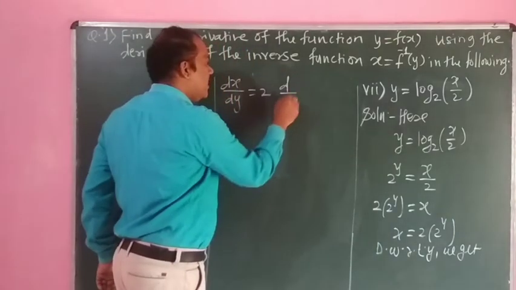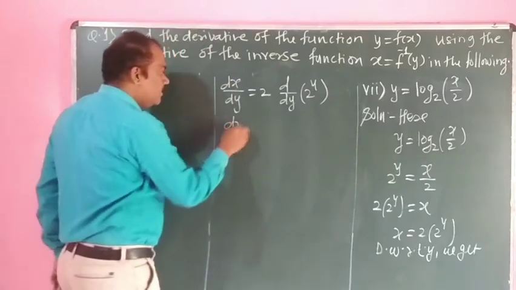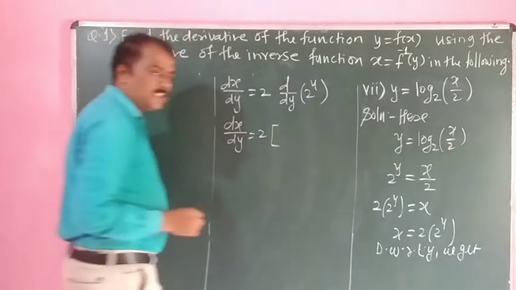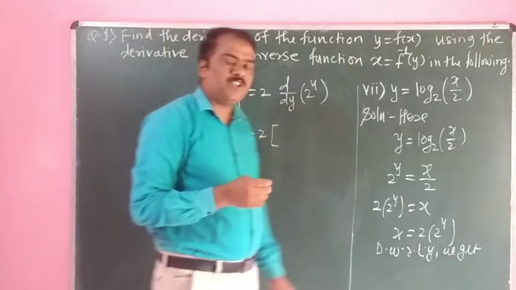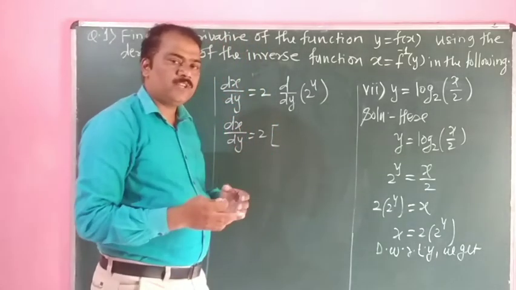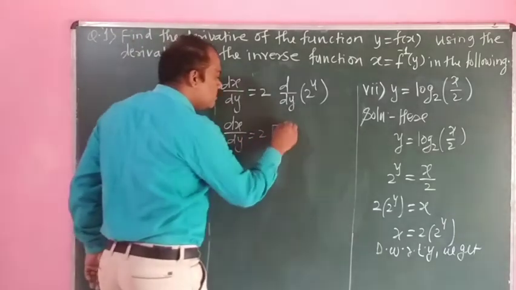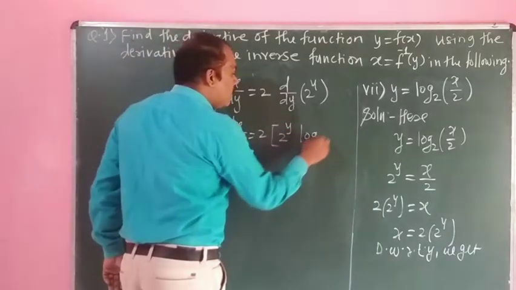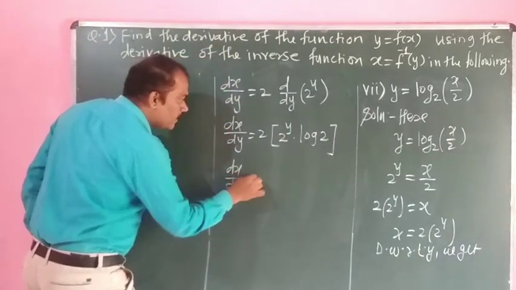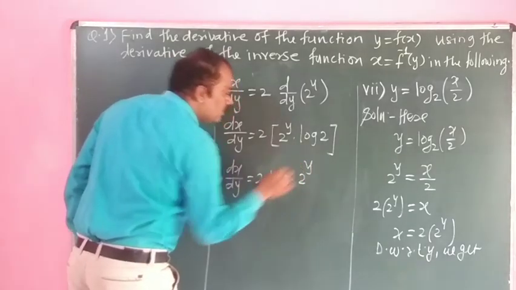It is similar to a raised to x. What is the derivative of a raised to x? A raised to x into log a. Instead of a we take 2, and instead of x we take y, so we get 2 raised to y into log of 2. That is dx by dy is equal to 2 into log of 2 into 2 raised to y.